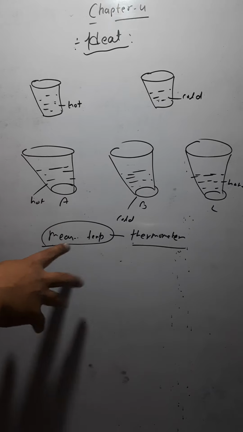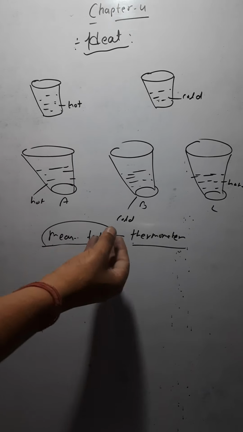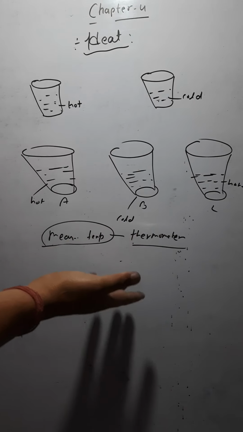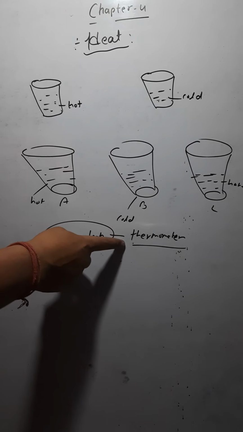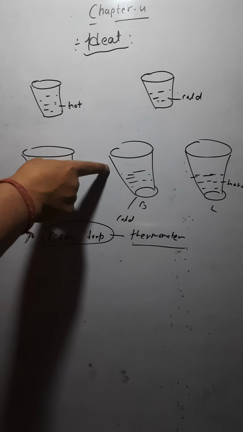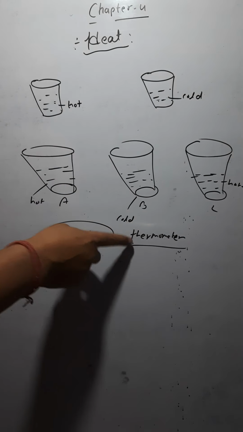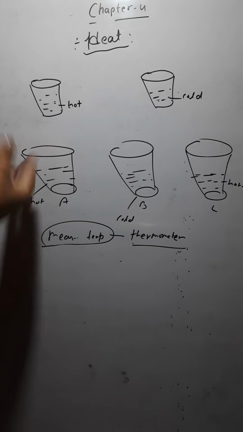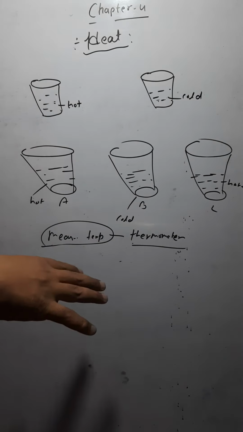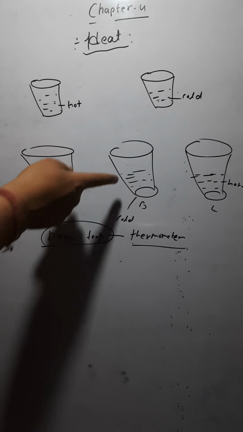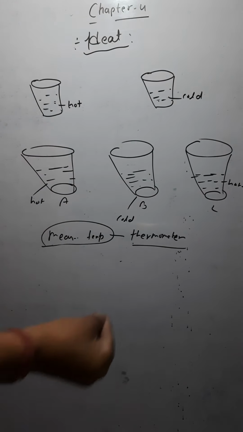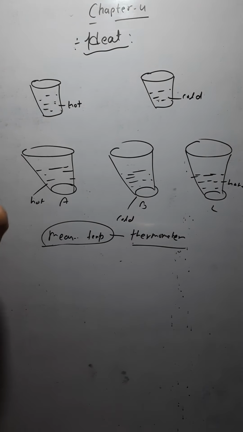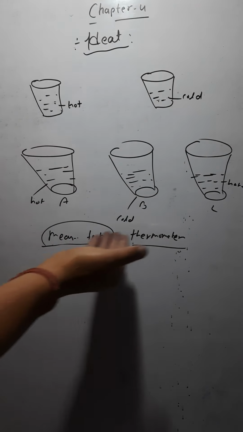By using the thermometer you would get a higher reading here, a lower reading here, and a moderate reading here. So you can find out which one is hotter and which one is less hot. This is how you can differentiate between these three objects by measuring their temperature.